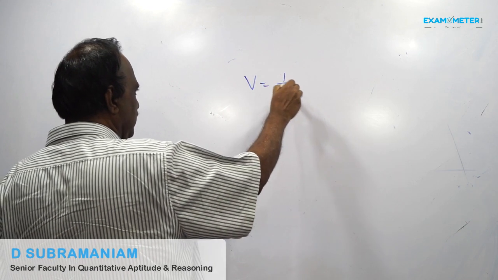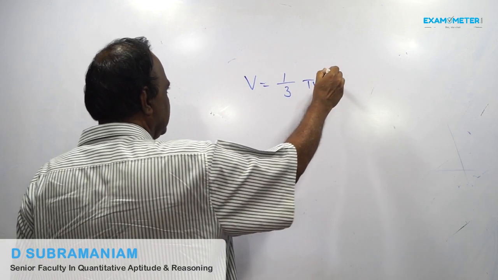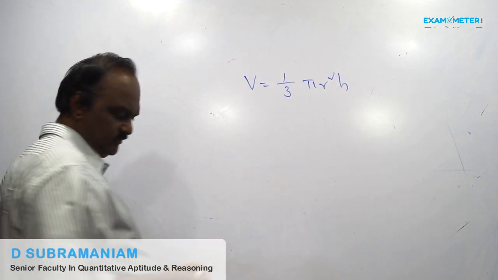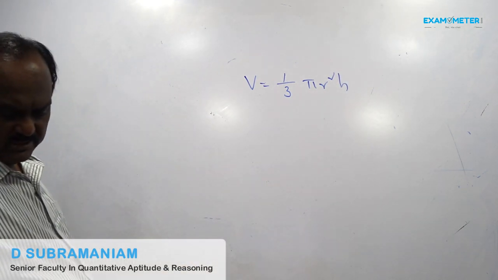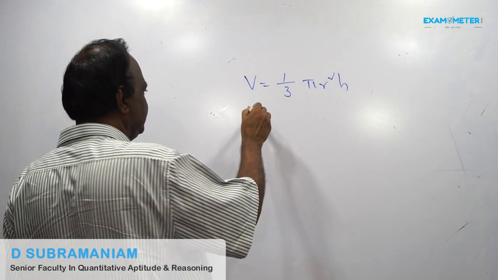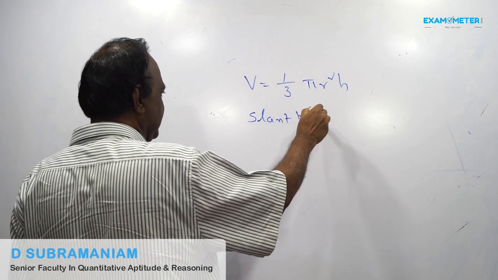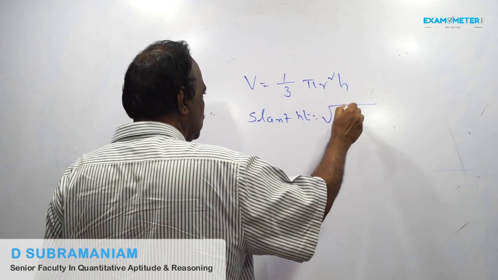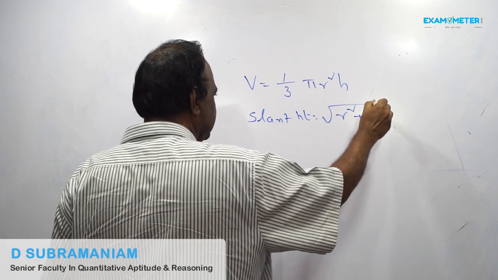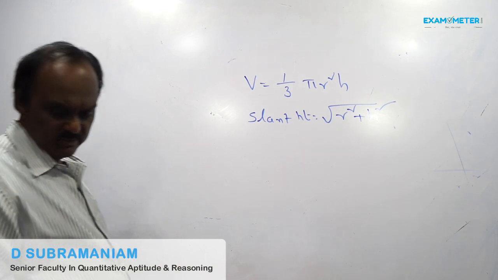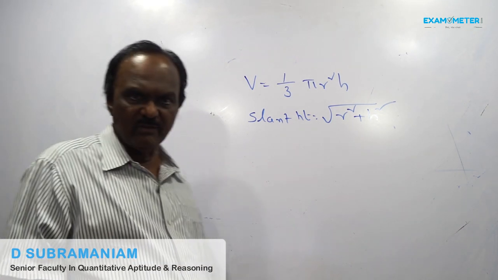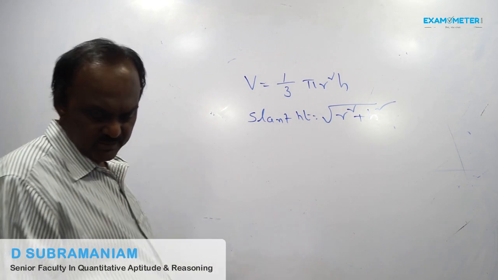Volume of a cone is 1 by 3 pi r square H. Slant height is root of r square plus H square.